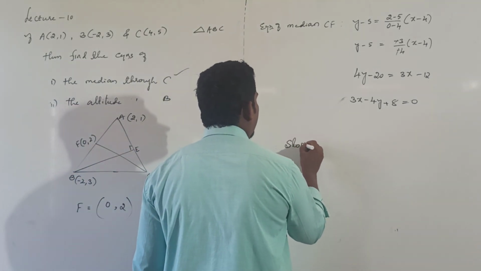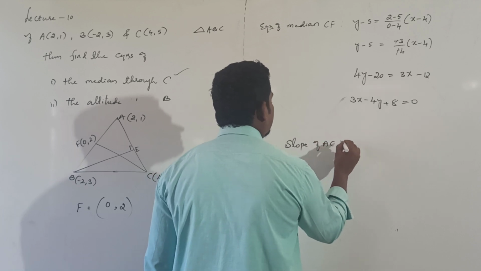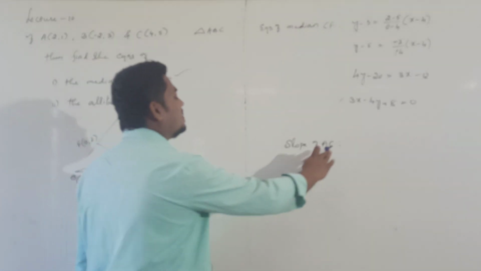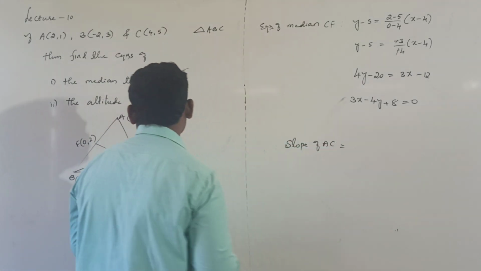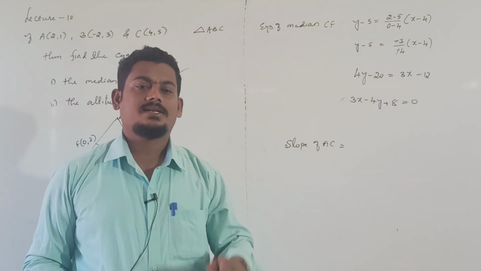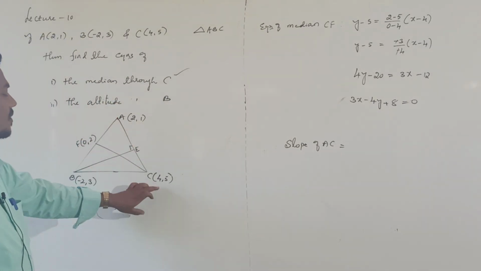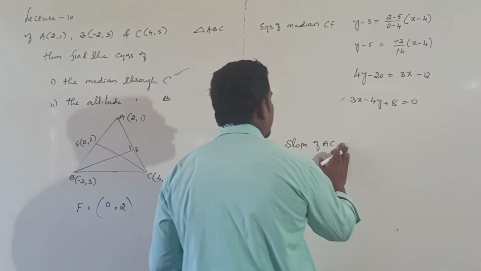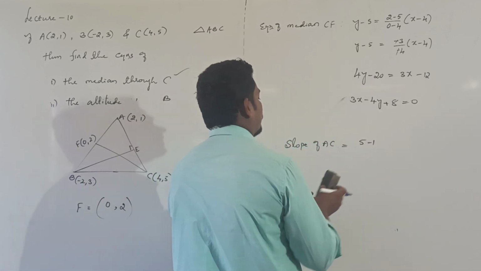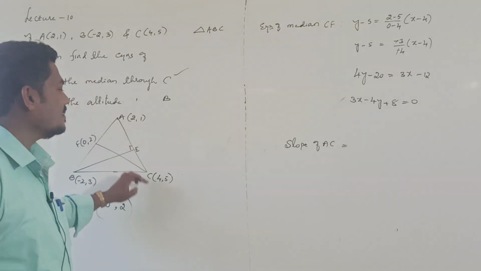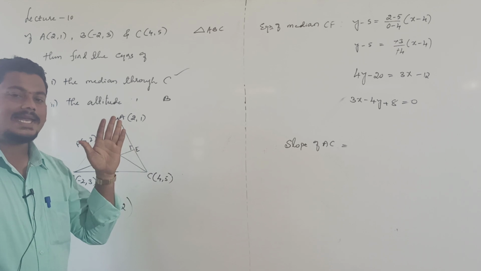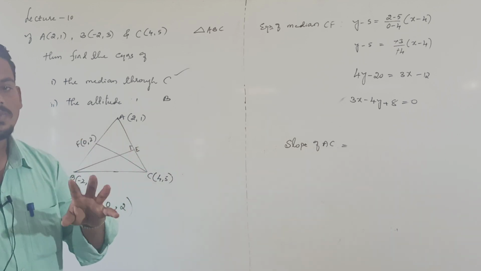First write the slope of AC, not the equation of AC. What is the slope of AC? Tell me the slope of AC by using the 2-point formula. Slope, not equation, right? Slope of AC by using the 2-point formula, y2 minus y1, that's equal to 5 minus 1. Yeah, sorry. Because AC means x1, y1 is A coordinates. If you take AC, then x1, y1 are A coordinates and x2, y2 are C coordinates.